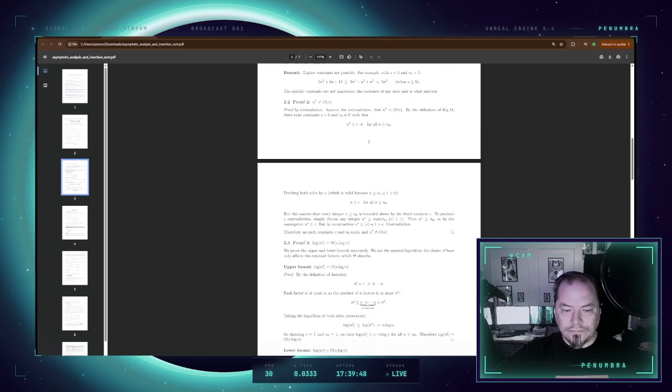So this asserts that every integer n greater than n naught is bounded above by a fixed constant c.